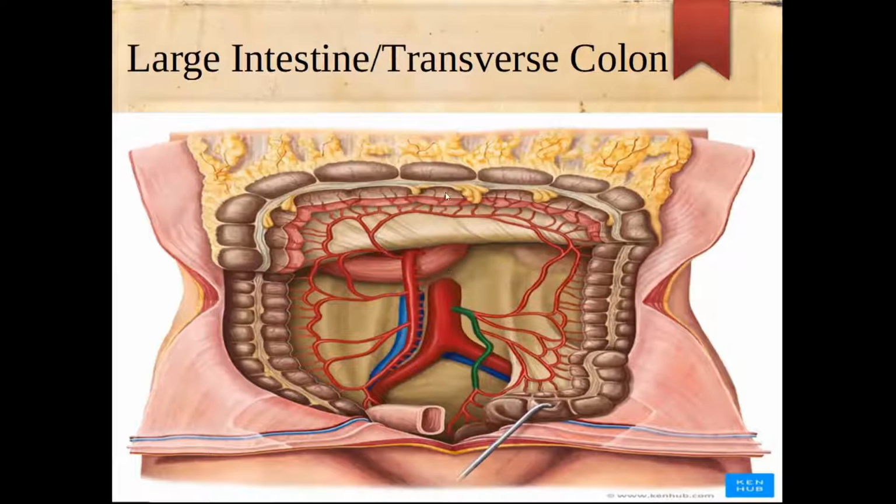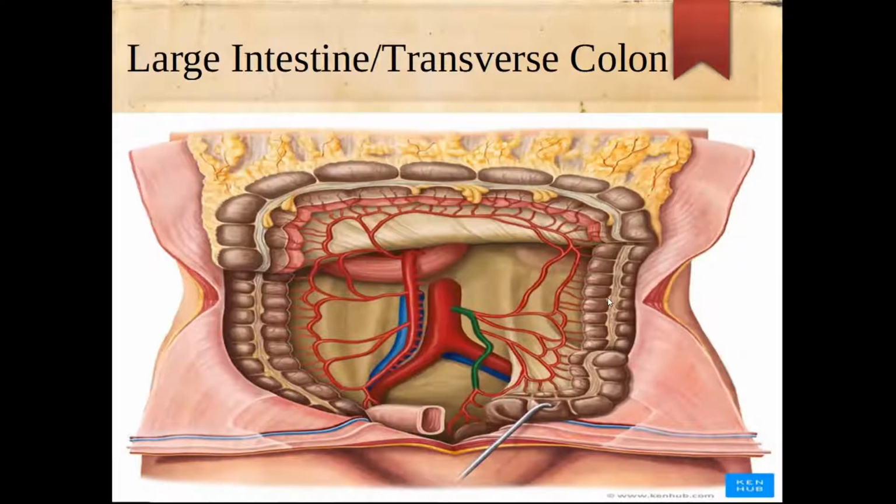The venous drainage is from the middle colic vein going to the superior mesenteric vein. The nerve supply, sympathetic and parasympathetic, for the proximal two thirds comes from the superior mesenteric plexus.